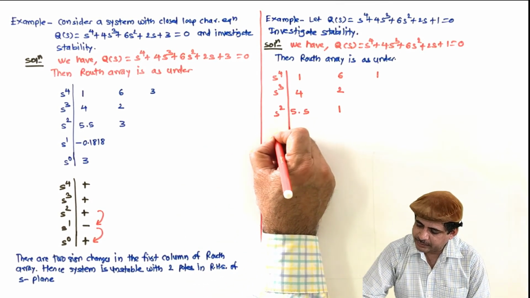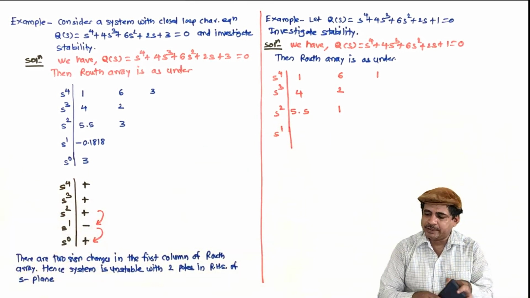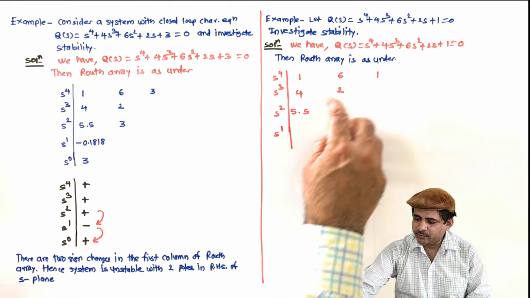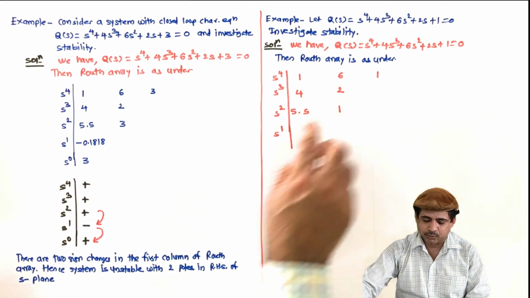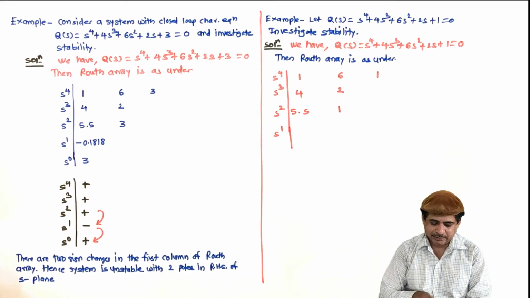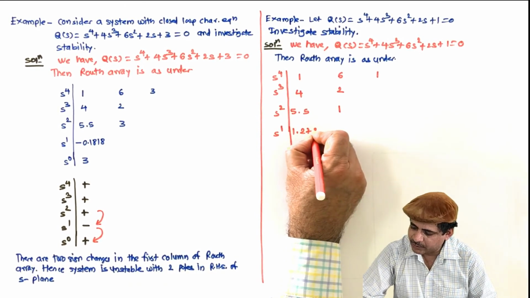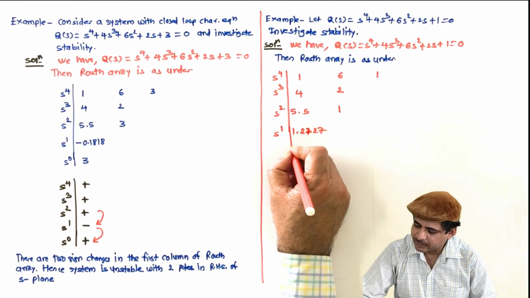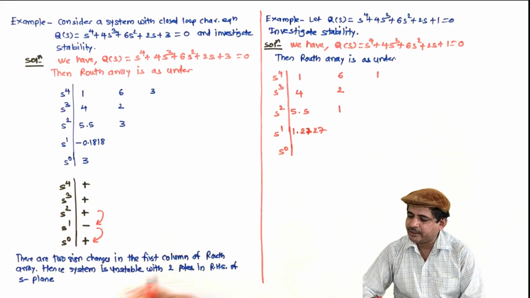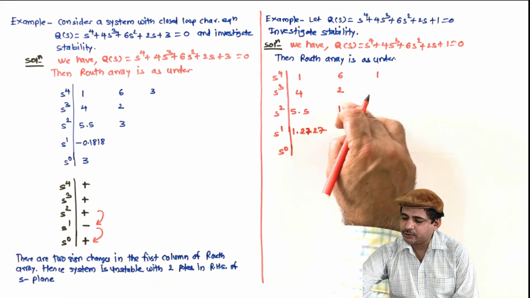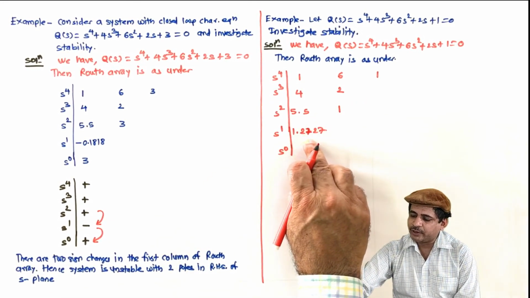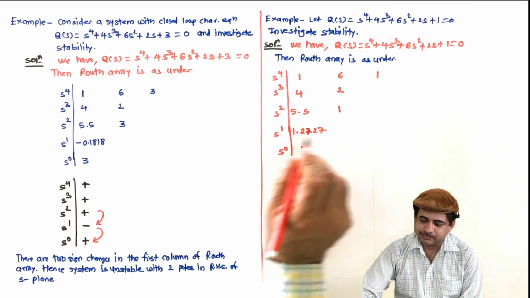Then s raised to 1, this will be 5.5 into 1, 11 minus 4, 7, 7 by 5.5, so it is coming 1.2727, and finally s raised to 0 will be 1.2727 into 1 divided by 1.2727, that is 1.